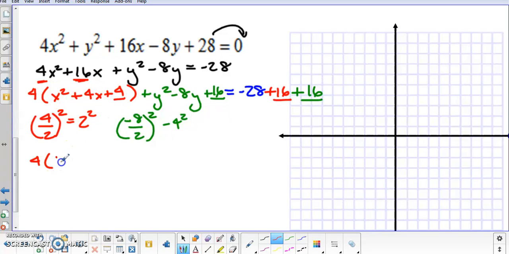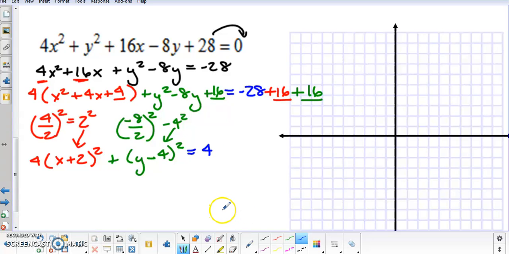This is going to become x plus 2 squared, because that's a 2. And then this is going to become y minus 4, because that's a -4. And then over here, 16 plus 16 minus 28 gets me 4.